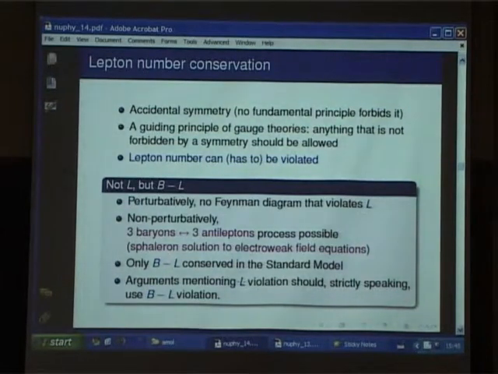So keep at the back of your mind that although we talk about lepton number conservation and violation, actually we are talking about B minus L violation, not just L violation. Because lepton number violation is not a big deal in the standard model, it exists non-perturbatively. And it comes from that sphaleron solution, with B minus L conserved.